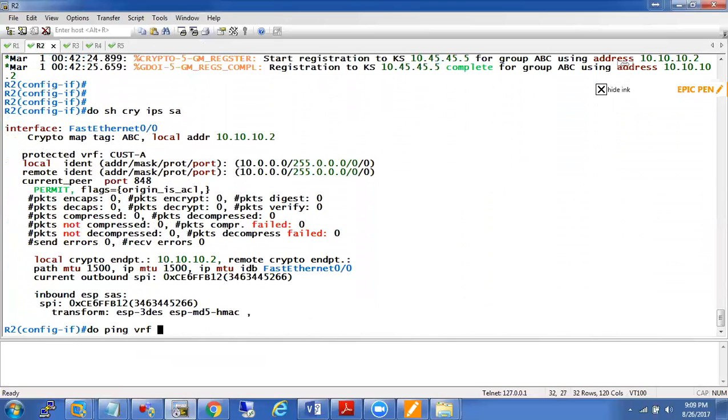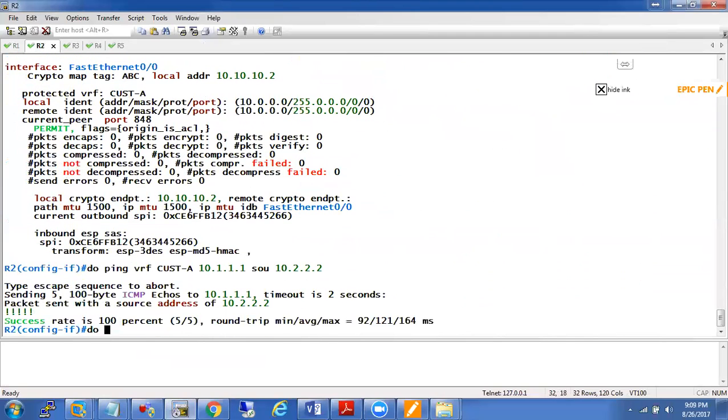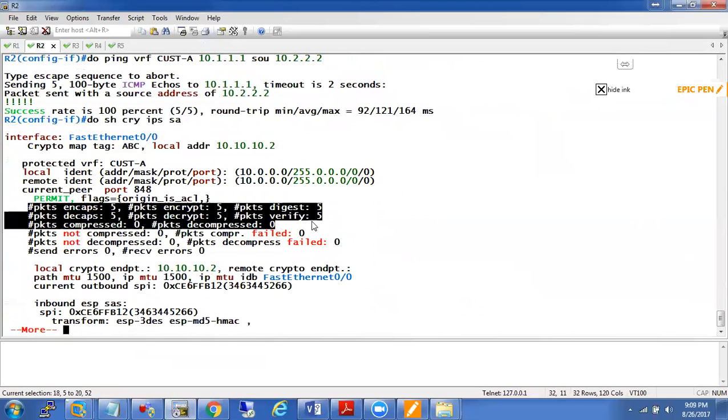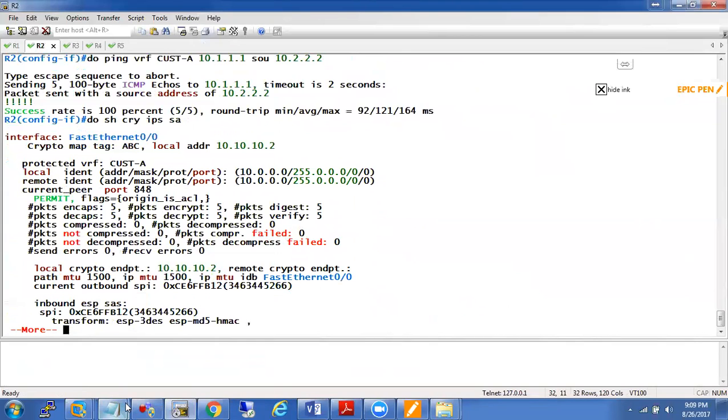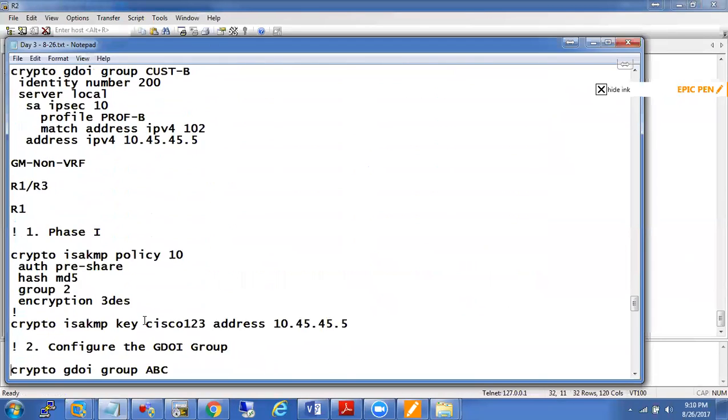Do ping VRF cust A. There you go. Now you should have encryption over here. That took care of one side. I still have the other side to take care of, which is this guy over here.